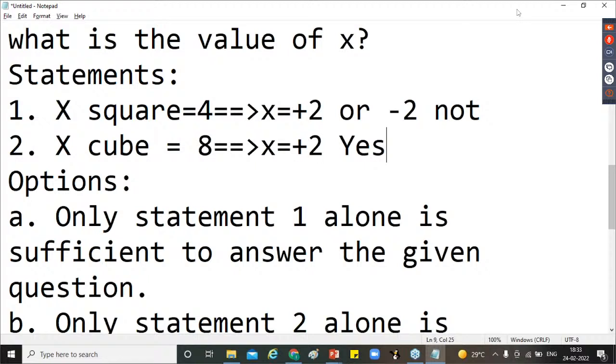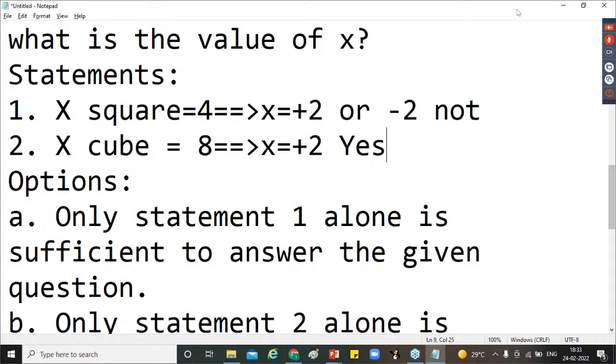We have to find whether the given statements are sufficient or not to find the answer for the given question.